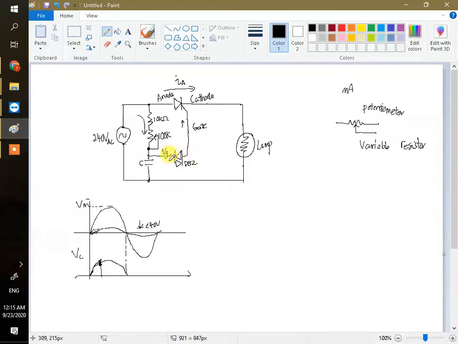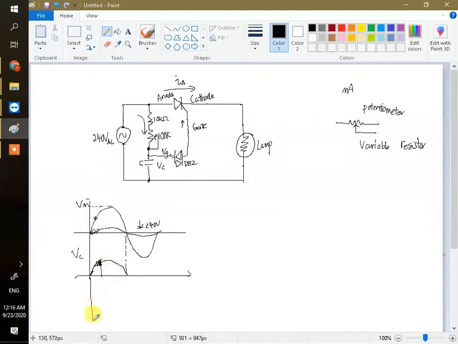So when the voltage is above 30 volt, then you will pass through. When the voltage is below 30 volt, you cannot flow through, just like a diode. Diode has a forward voltage drop. So when this VC, the capacitor voltage, reaches a certain level, you can turn on this transistor.